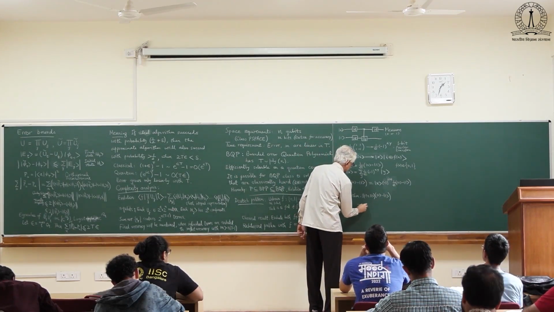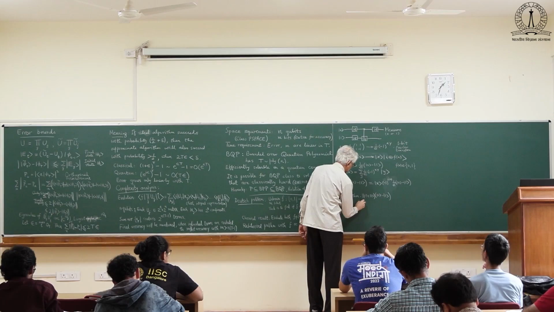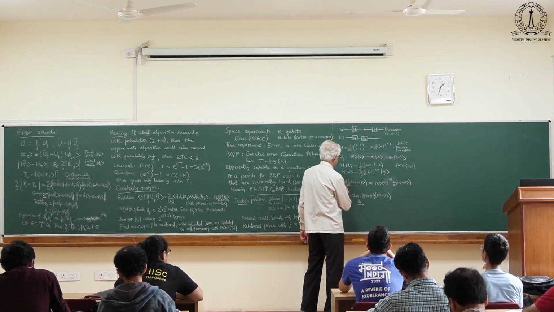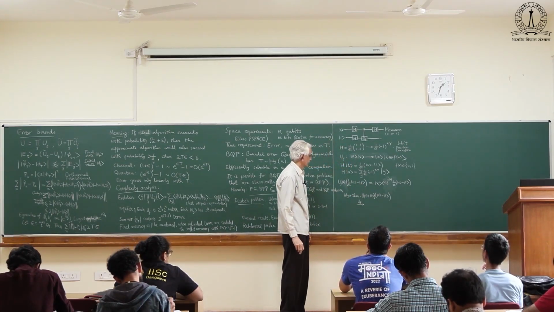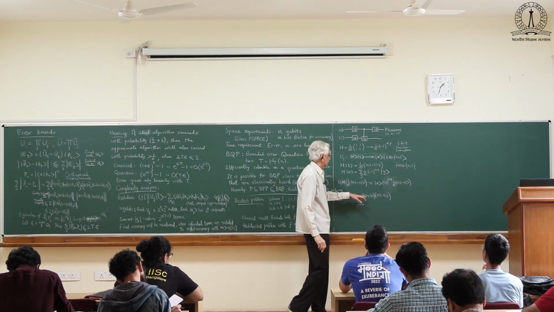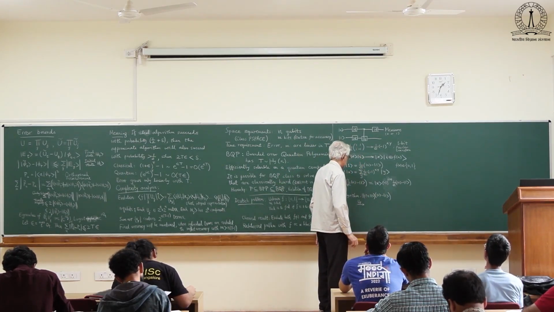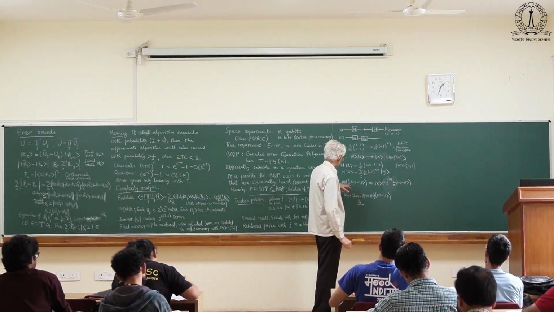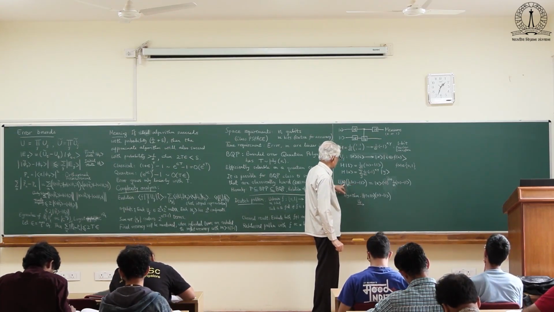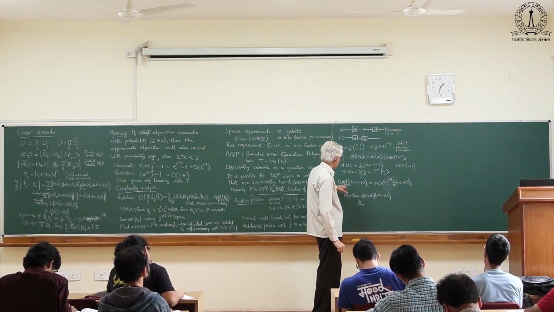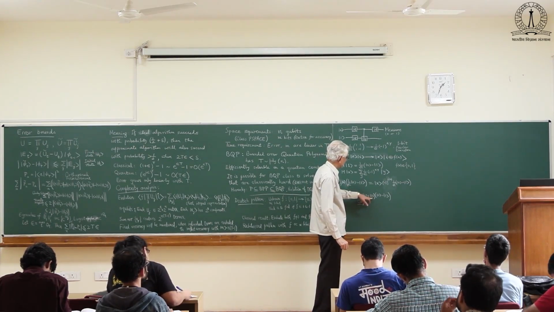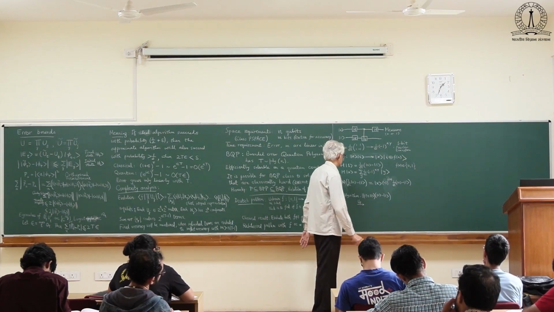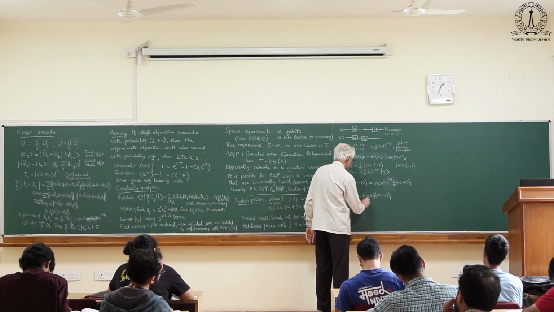Now I apply UF. I will just write down everything by brute force. I have the result already here, but now I am putting in the values for x. It can be either 0 or 1, so there are two terms.